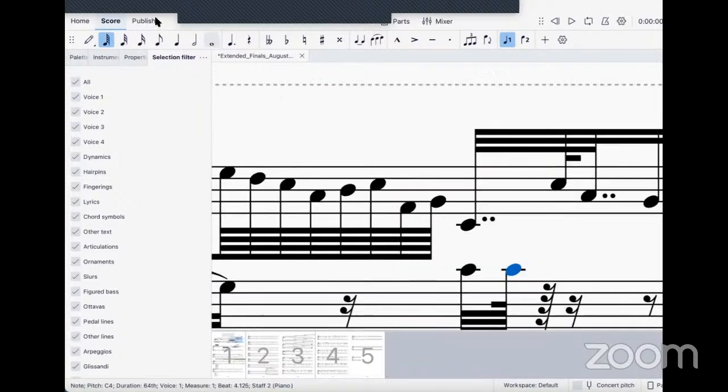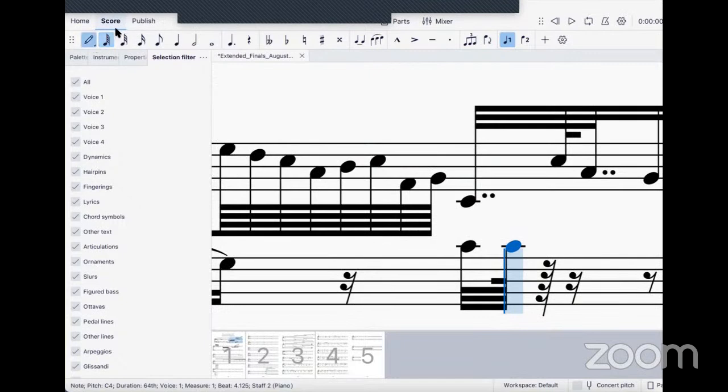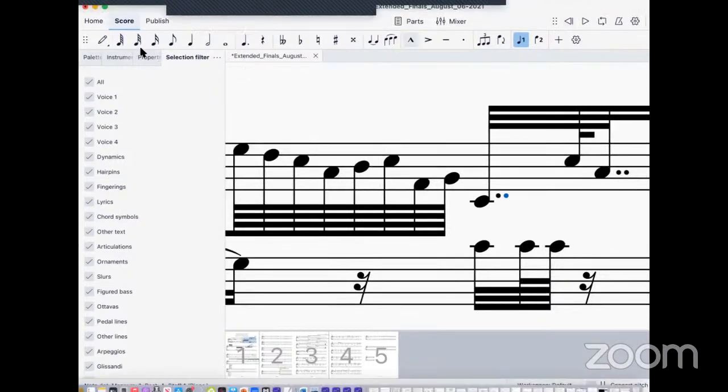Oh, it looks like here does not have the 128th. For some reason here does not have the 128th.